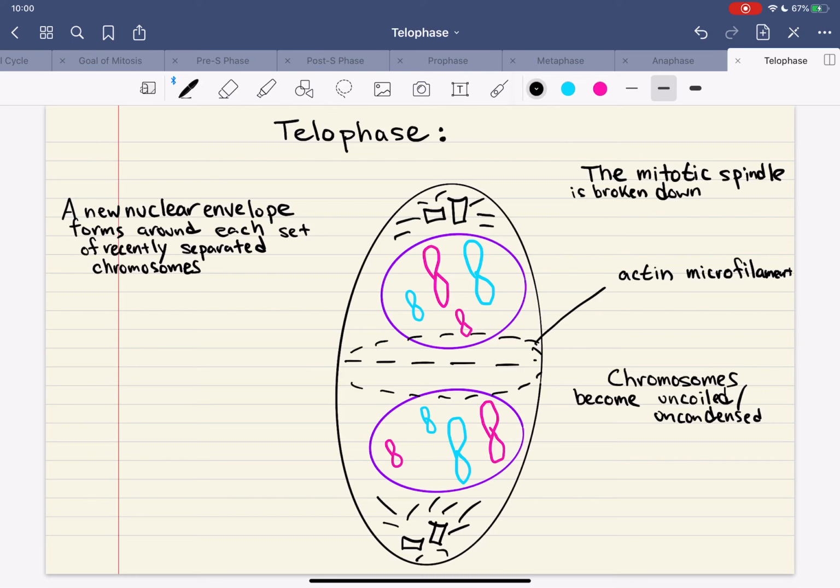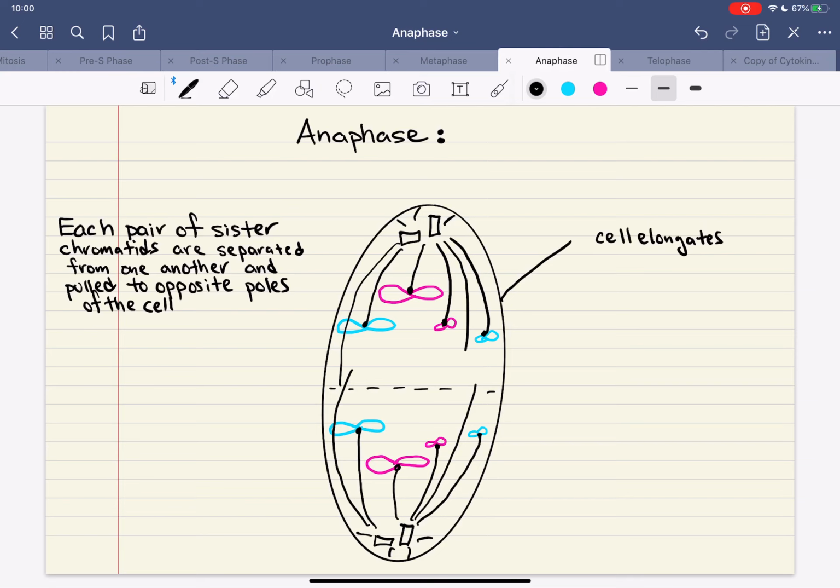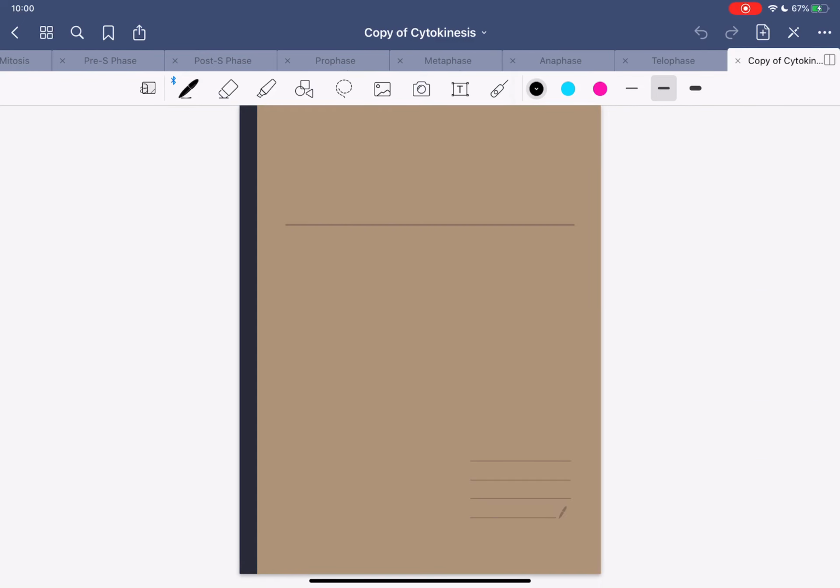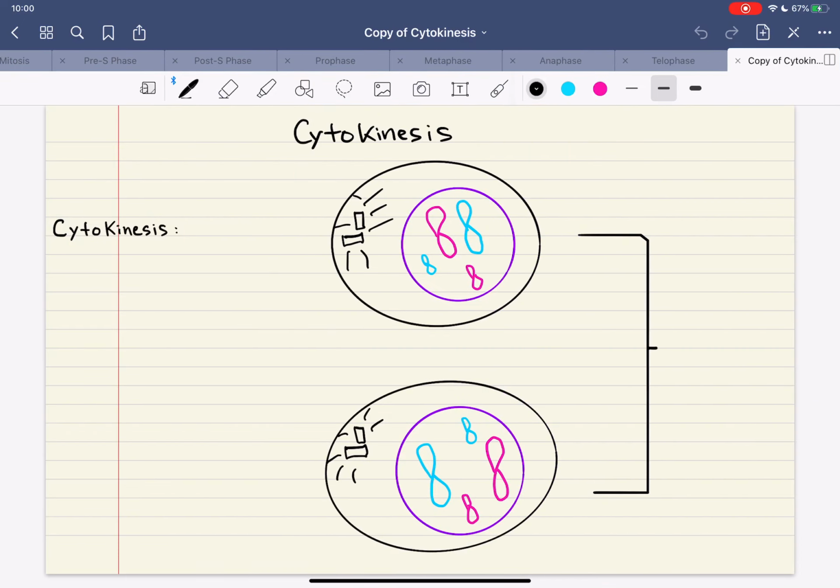And those actin microfilaments split the parent cell in half into 2 new daughter cells. At this point, we're done with mitosis.